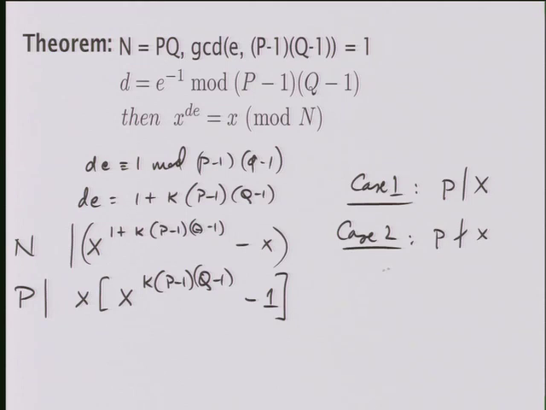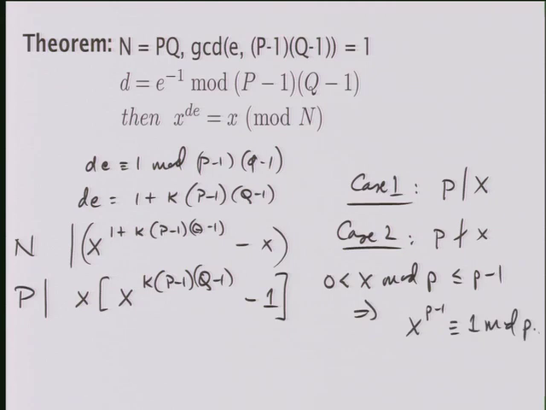So x mod p is not 0. So now Fermat's little theorem applies, which means that x to the p minus 1 is congruent to 1 mod p.